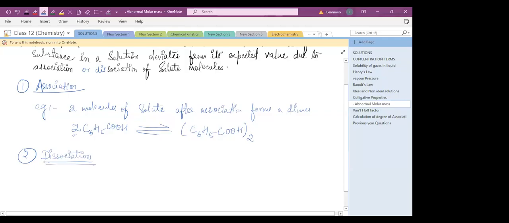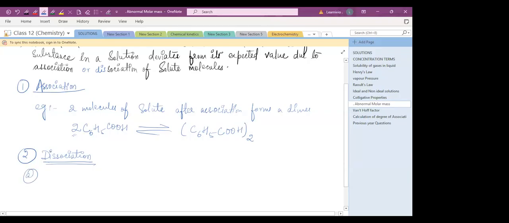Yeah. So certain electrolytic solutes undergo dissociation when dissolved in a solvent, right? So when the solute gets dissolved in the solvent, it undergoes dissociation. And there are two cases of dissociation.